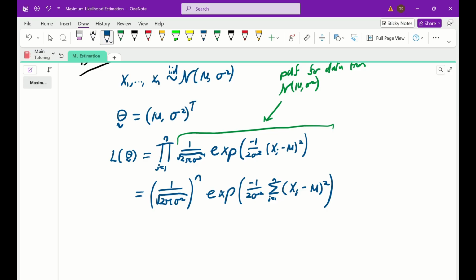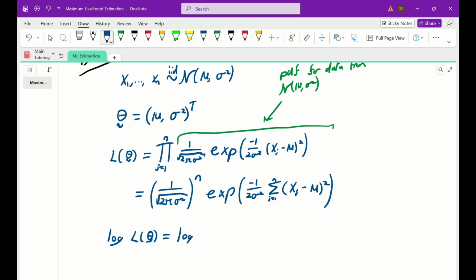And we're going to continue with exactly the same process as before. So we found the likelihood function, we simplified it. The next step is we're going to find the log likelihood function. So we're going to take the log of both sides. On the left-hand side, we've got the log of the likelihood function. And then on the right-hand side, we're going to take the log of this side. So the log of a product becomes a sum of logs, right?